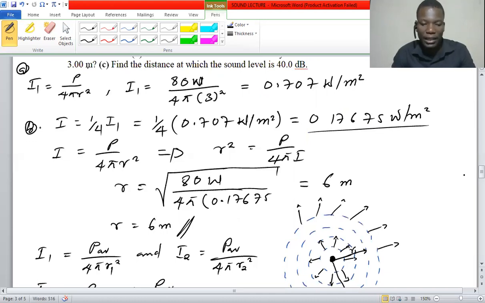So now we need to find the distance where the intensity level is going to be 40 decibels. So we can use this 40 decibels to find the intensity, because we don't have the intensity. What's the intensity when we have the intensity level of 40 decibels?